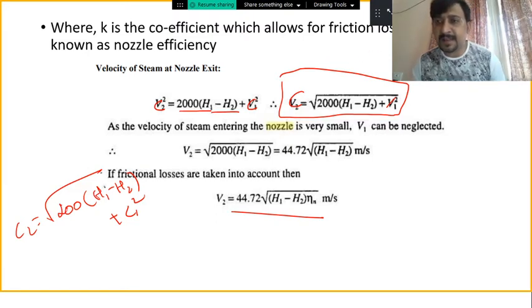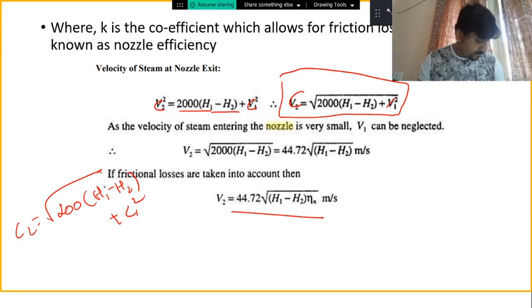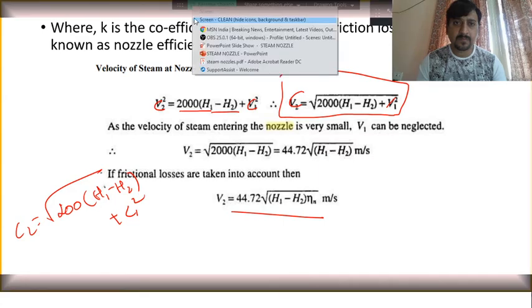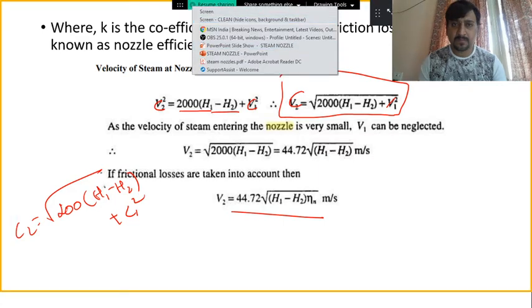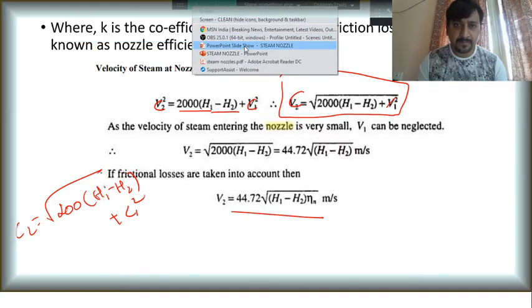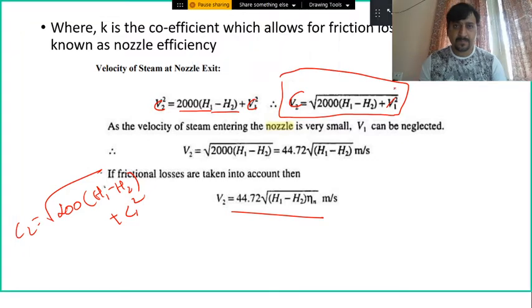Can you guys see my screen? It's getting black. Just a second. Is it now visible? Yes, sir.